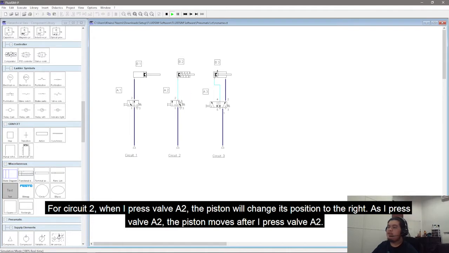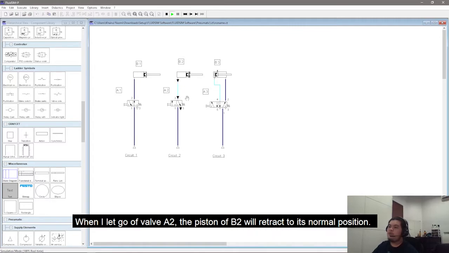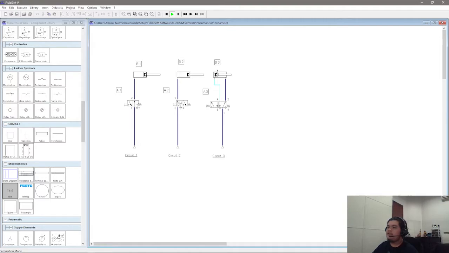So as I press valve A2, we can see the piston moves after I press valve A2. When I let go of valve A2, the piston of B2 will retract and go back to its normal position here, as you can see.